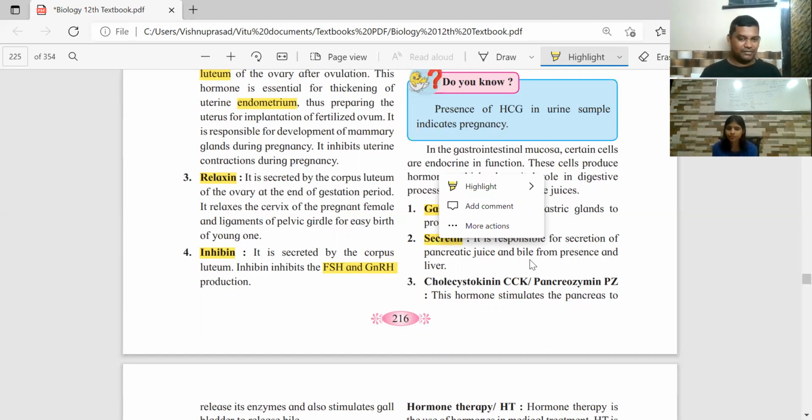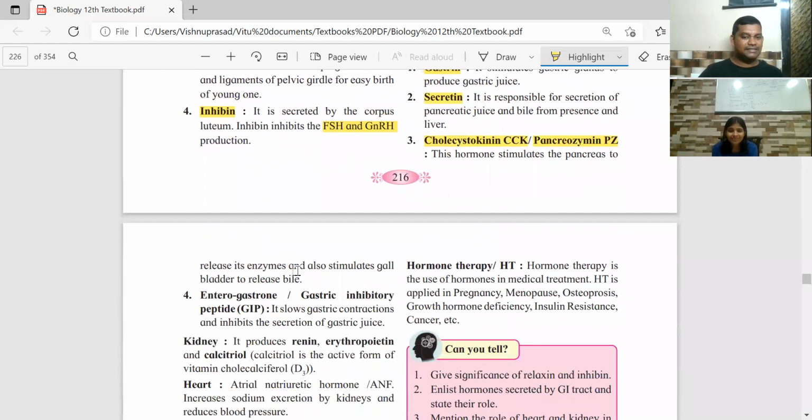Then you have CCK, cholecystokinin, also called pancreozymin, PZ. Their role is to release pancreatic enzymes and also stimulate the gallbladder to release the bile. The gallbladder does not produce it; it only stores the bile from the liver.